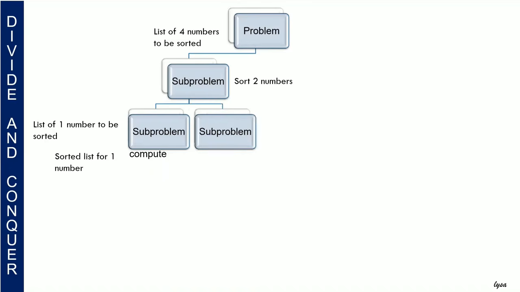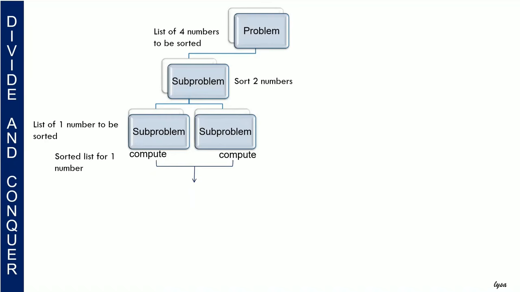Now, after I finish the left side of the subproblem, I go to the right side of the subproblem. Please note, the size of my subproblem is 2. Left side, I took 1 number. So in the right side of the subproblem, I take the other number. Again, I compute it, which is nothing but sorting a list of 1 number.